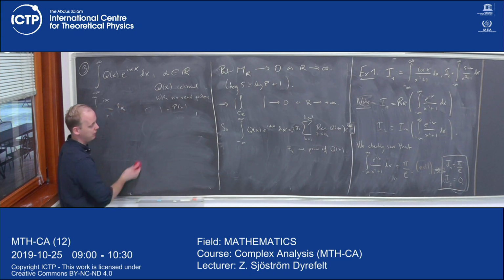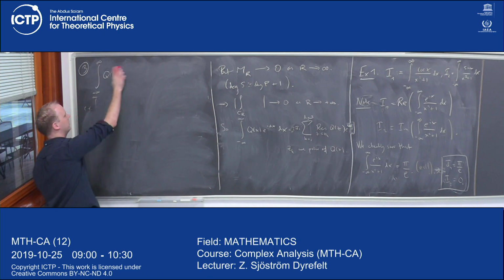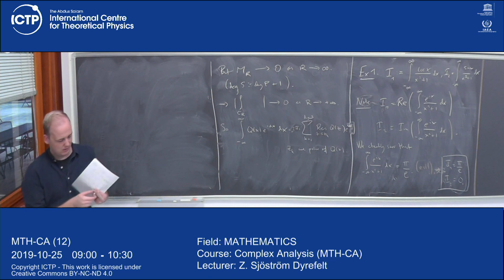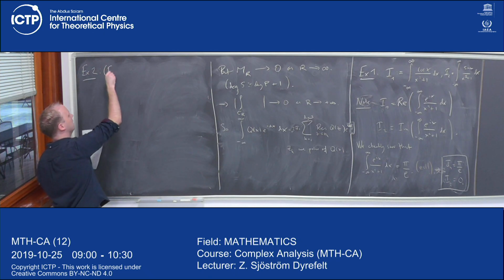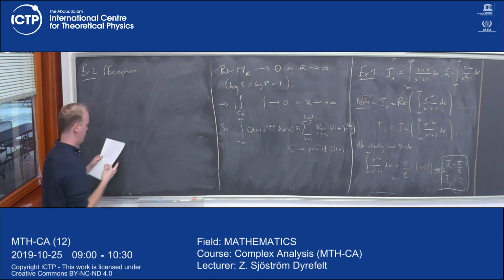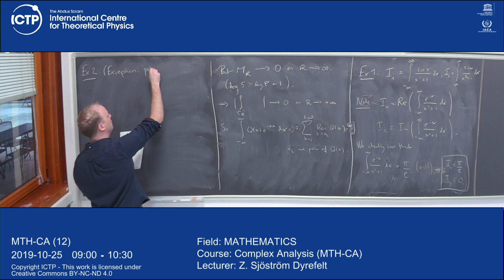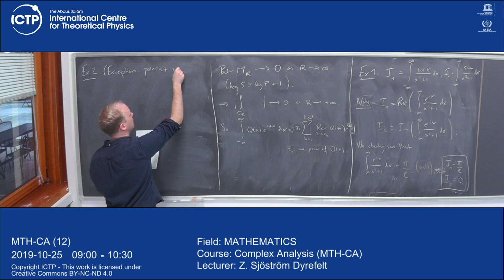So this was type 3. Now I will give you an exception to type 3. Okay, so example 2. An exception to the standard method is when we have a simple pole at z equals 0.